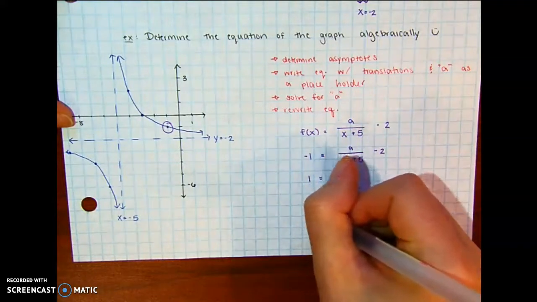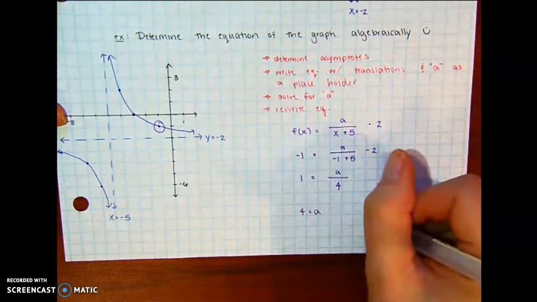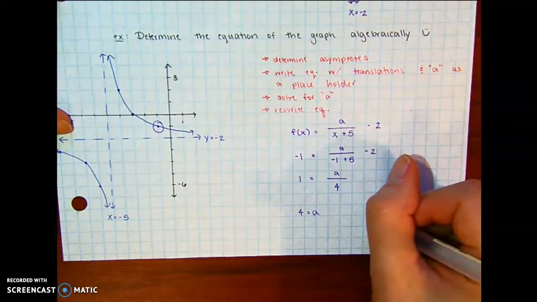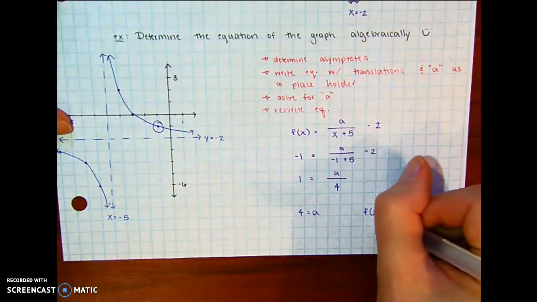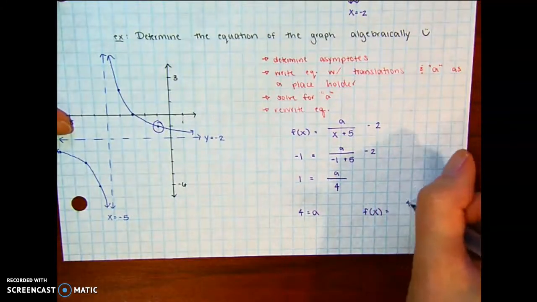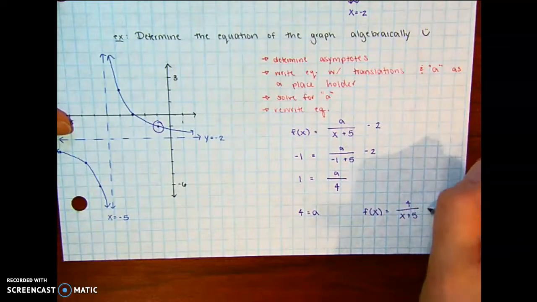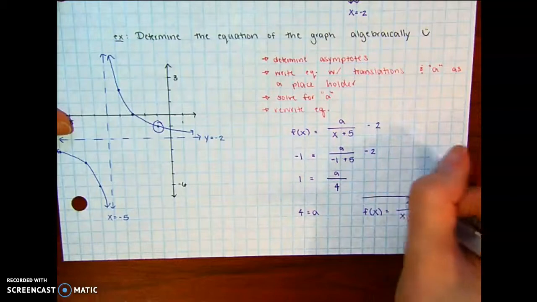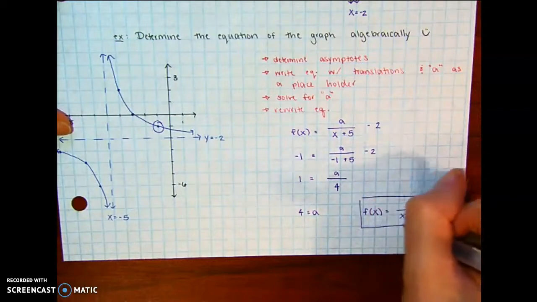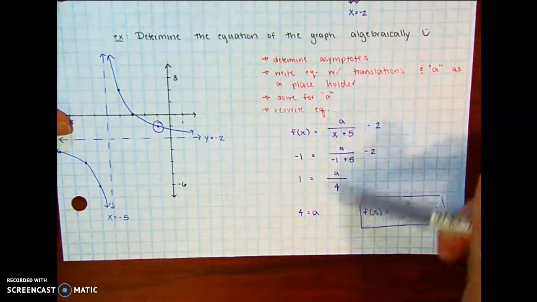So I get 4 equals a. So that means the equation is f of x equals 4 over x plus 5 minus 2. And there's the algebra to prove it.